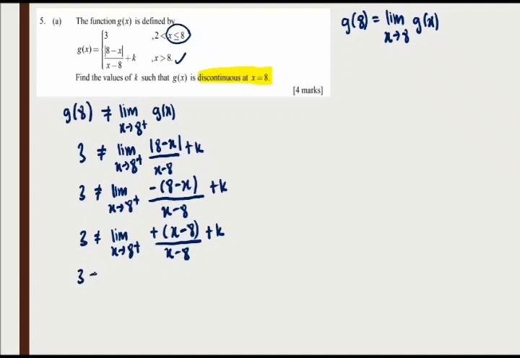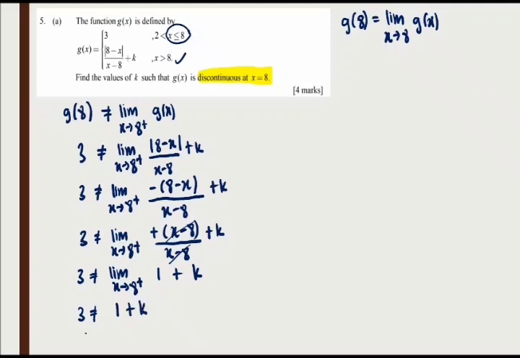Right, so we are now just left with the limit of x approaching 8 from the right. This will just be 1 if we simplify this. So we have 1 plus k. If you look at the function that we are left with now, we don't have any more terms of x, so that is just going to be 3 is not equal to 1 plus k.